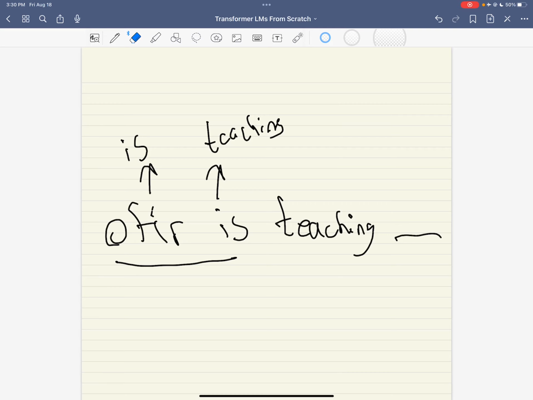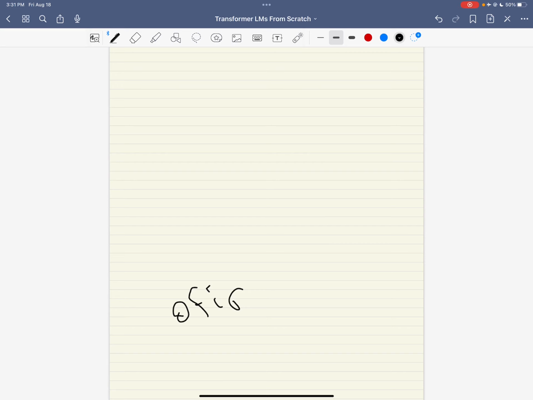We're getting a word, Ophir, and now we want to predict the next word. So we're going to represent our input words by a vector. Let's say we have 1,000 numbers, 1,000 floats, to represent each input word.